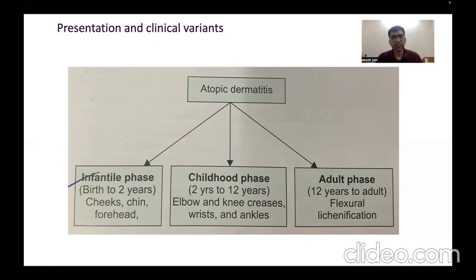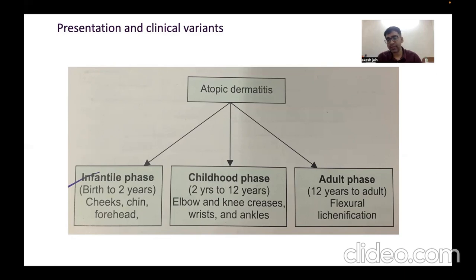On the basis of location of disease, it is characterized as follows. In the infantile phase, it mainly involves the cheeks, the chin, and the forehead, that is, parts of the face. In the childhood phase, lesions are more common in the elbow and knee creases, that is cubital and popliteal fossa, flexural areas, the wrists and the ankles.